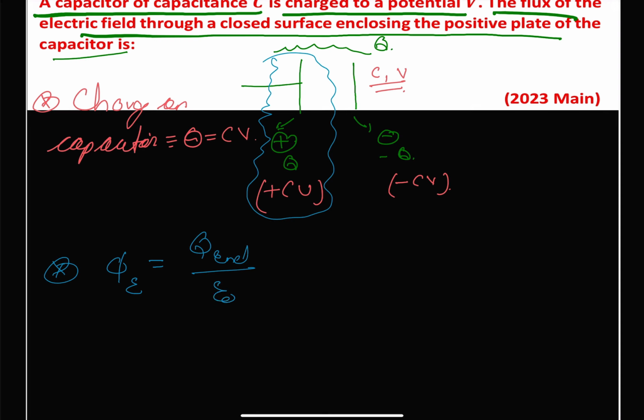The charge enclosed is Q divided by epsilon naught, which is equal to CV divided by epsilon naught. And the sign, for the sake of convenience, will be positive, since it is the positive charge. I think this was the last one.